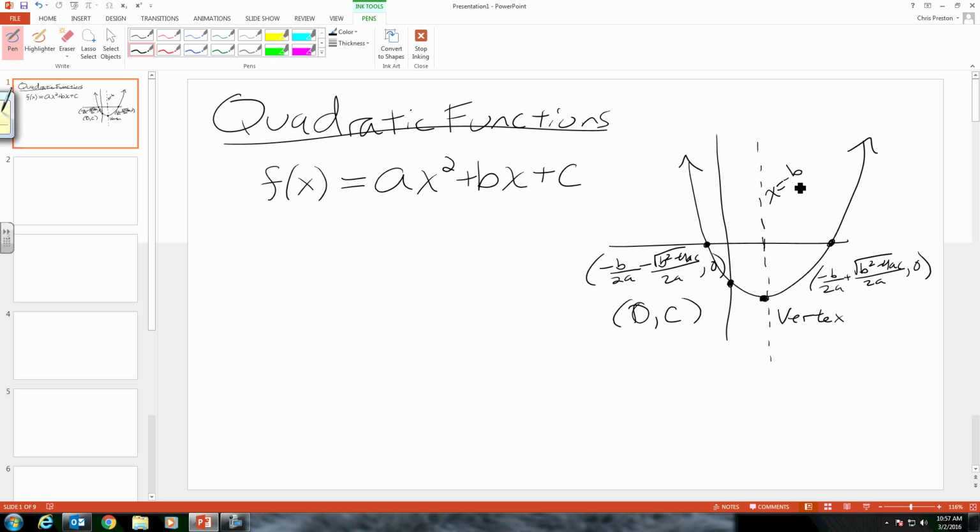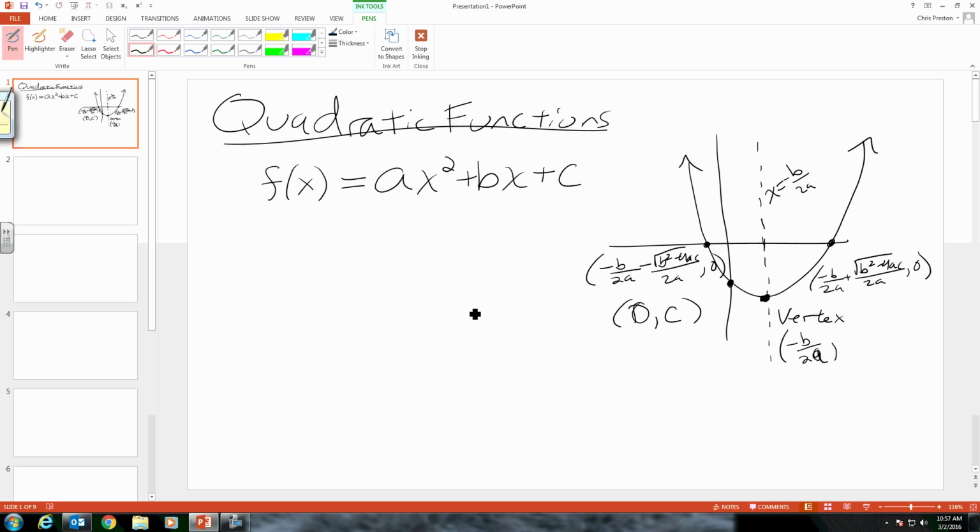Then halfway in between those two would be negative b over 2a. You start at negative b over 2a, and then you subtract something off of it. You start at negative b over 2a, add something onto it. So the line, this vertical line here that we're symmetric to, is x equals negative b over 2a. So this vertex is on that vertical line. So the x value of the vertex is negative b over 2a. Should be an a. What's the y value?